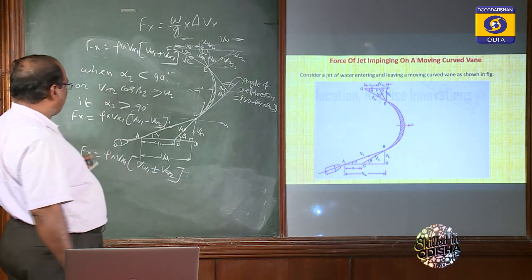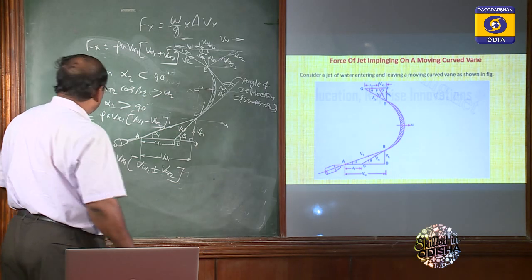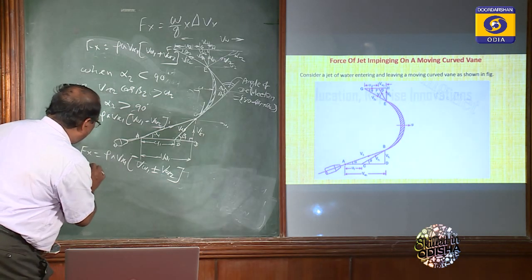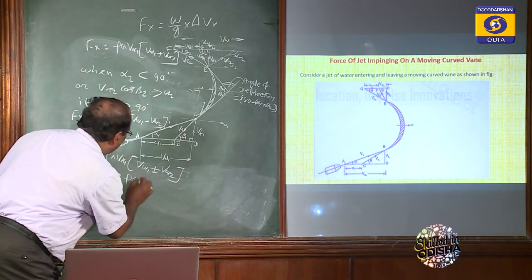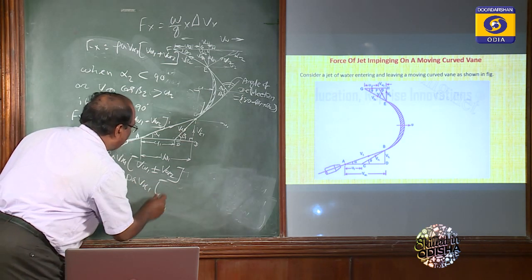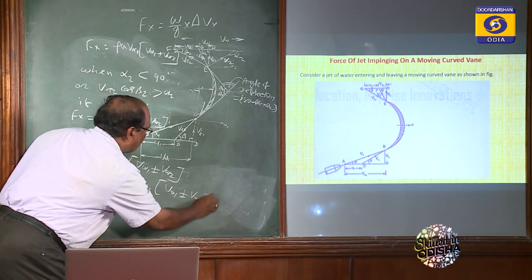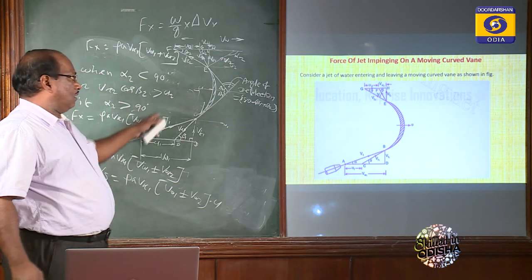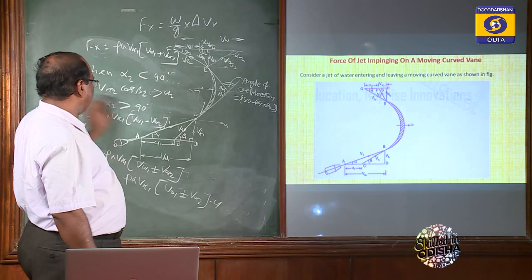So the force will be rho A VR1 into VW1. The work done per second equals rho A VR1 into VW1 plus or minus VW2 into U, where the movement of the plate equals U. So this is the work done.